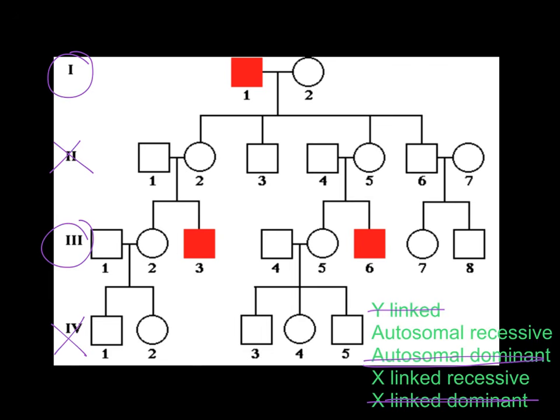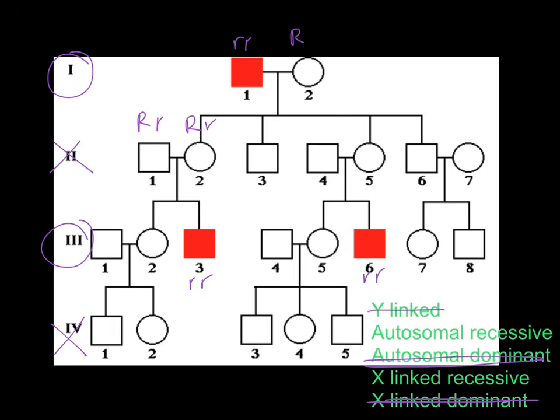Now, autosomal recessive. Is this an option? If autosomal recessive is the mode of inheritance for this pedigree, then male number 1 would be little r, and this female would have at least one big R. We know that these other two affected men would be little r, and therefore their parents would have to be heterozygotes.